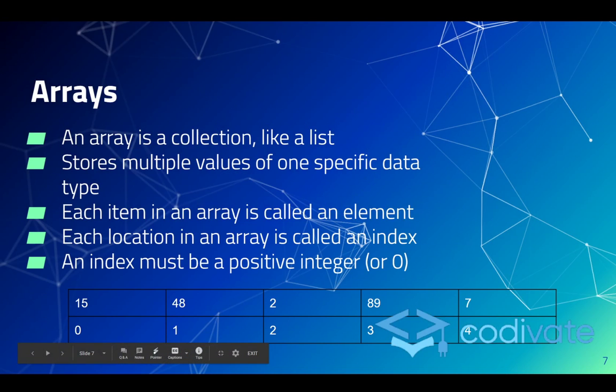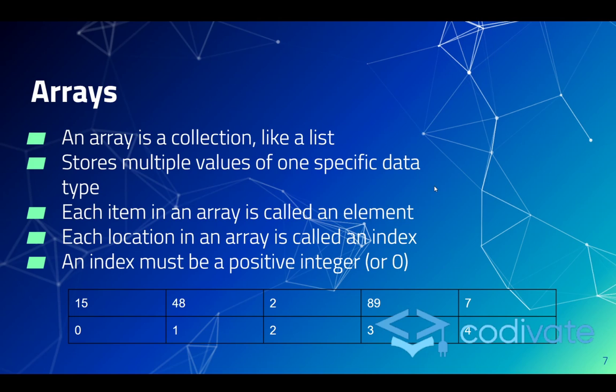Arrays are the last thing we're going to talk about. An array is a non-resizable list that can only contain one data type. So you can have either ints or strings or doubles or booleans.